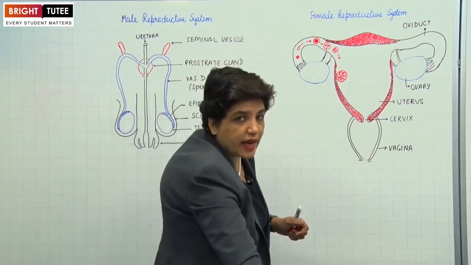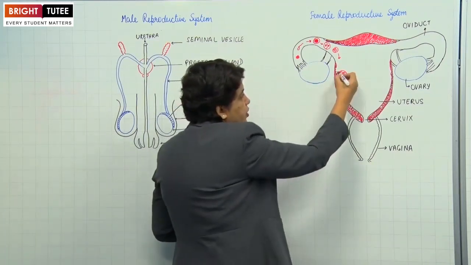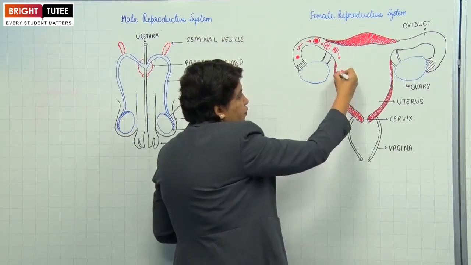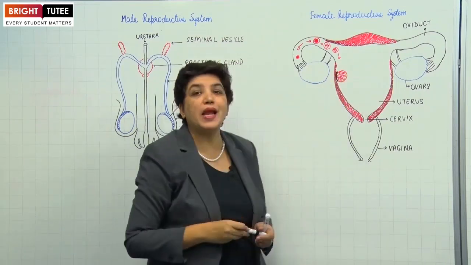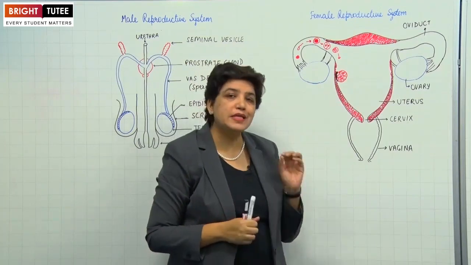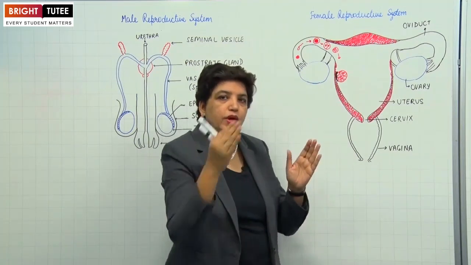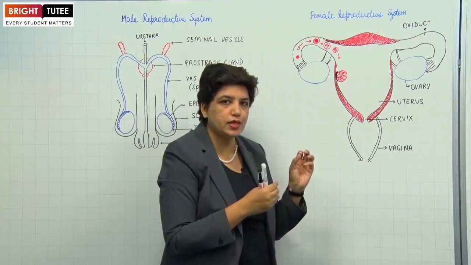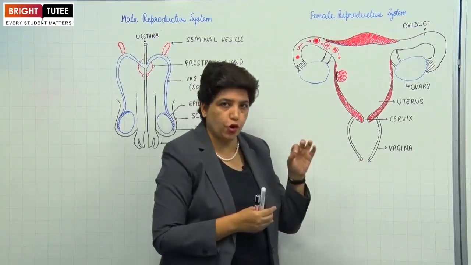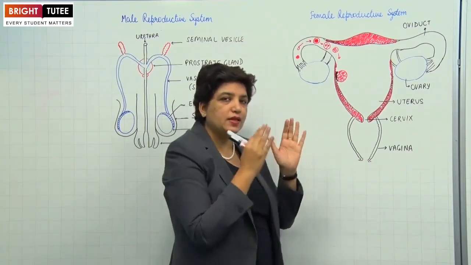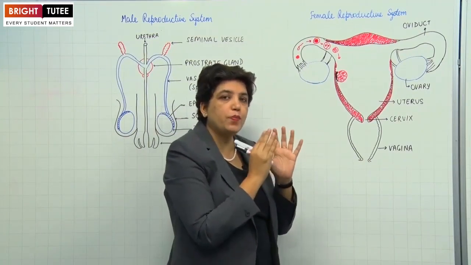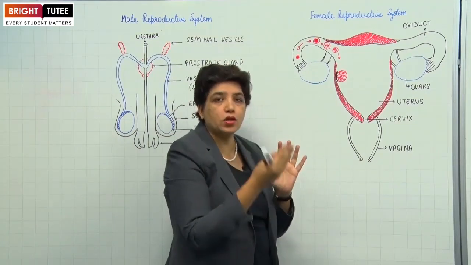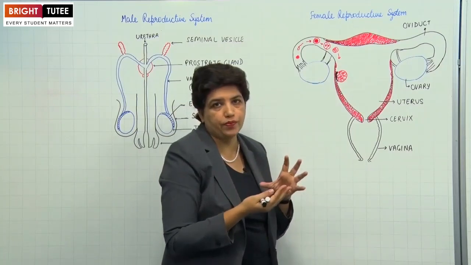Now, at that site of uterus, disc-shaped specialized cells are formed. This is called placenta. Placenta is the site where embryo gets embedded into the uterus. So, specialized cells are formed here. What will happen? This placenta actually provides nutrition and oxygen to the growing embryo.